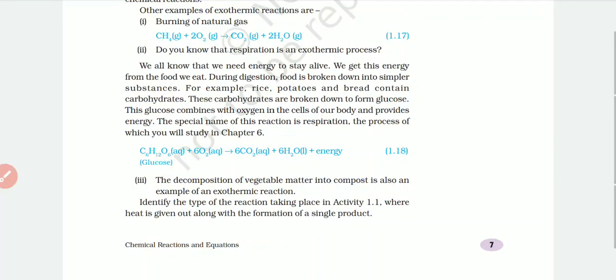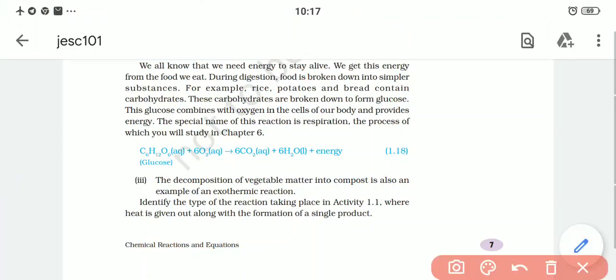Now there is one question. Can we consider respiration as an exothermic reaction? Yes, it is an exothermic reaction. How? Why do we take food? To survive, and survival needs energy.